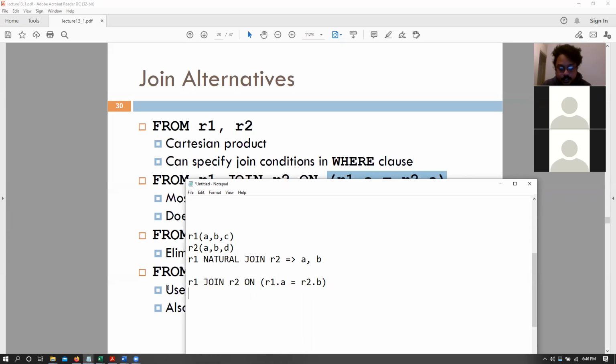So a theta join version of the natural join would be, let me ask you this, what would be the theta join version for the natural join?